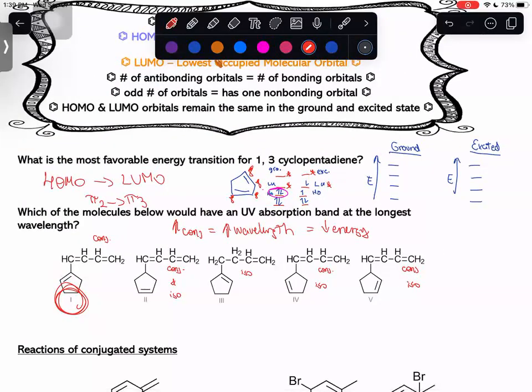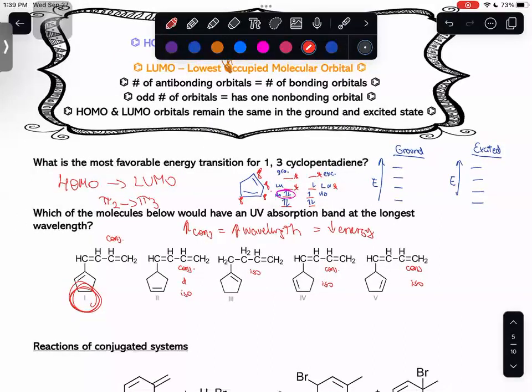Okay, so far, questions on that? Yes. So isolated is whenever you have the double bonds completely far away from each other. What was the definition of accumulated? No double bonds? They're right next to each other. Beautiful. Okay.